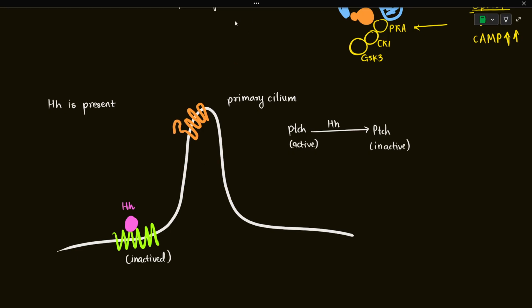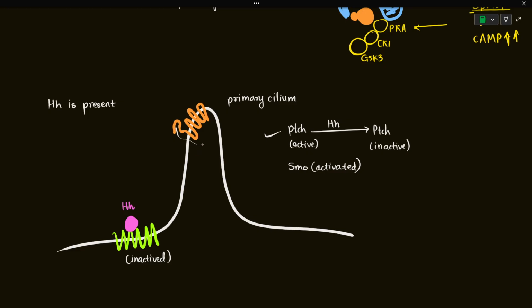So this smoothened receptor will bind to the cholesterol present on the plasma membrane, and that is going to activate the smoothened receptor. So now the smoothened receptor will be activated in the presence of hedgehog, because the patch receptor is being inhibited. So this activated smoothened receptor is going to result in the activation of the GLI transcription factor.